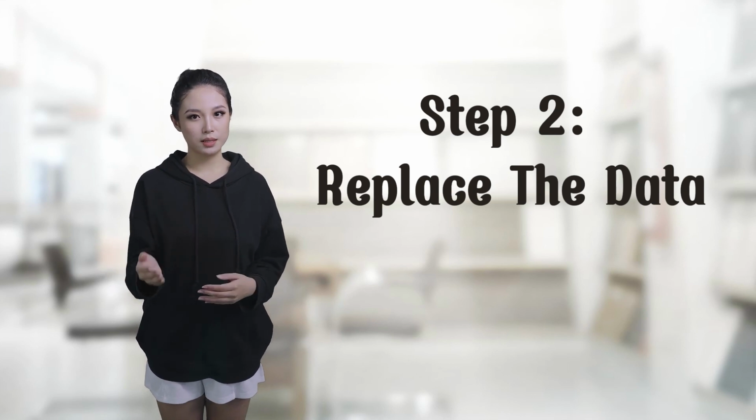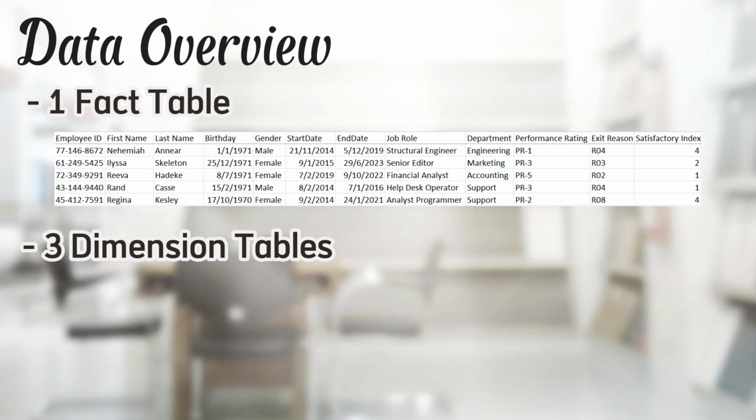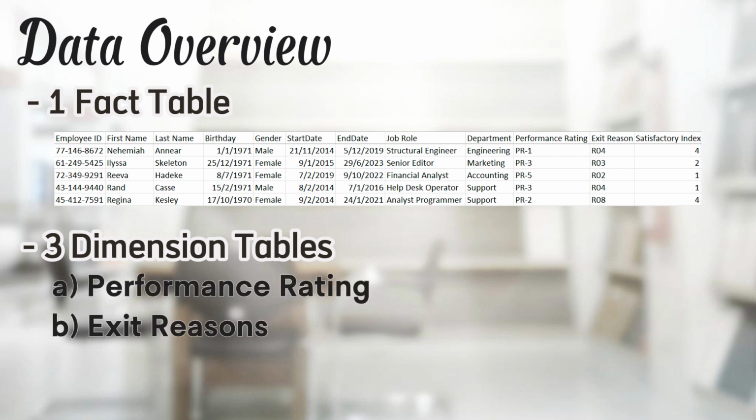Before that, let me cover the high-level overview of the data concept. For this dashboard, it is made up of 1 fact table and 3 dimension tables. The fact table or main dataset contains the employee details, which include the employee ID, name, join date, last day or end date, as well as the key columns of the dimension tables such as performance rating ID, exit reason ID, and satisfactory index.